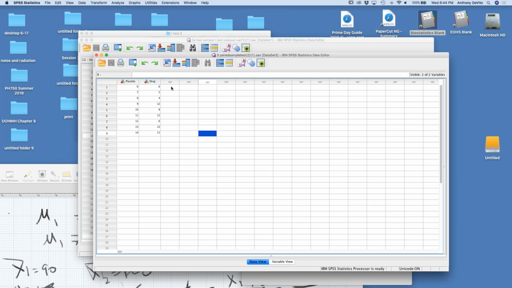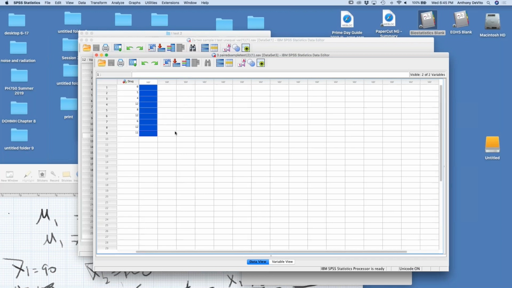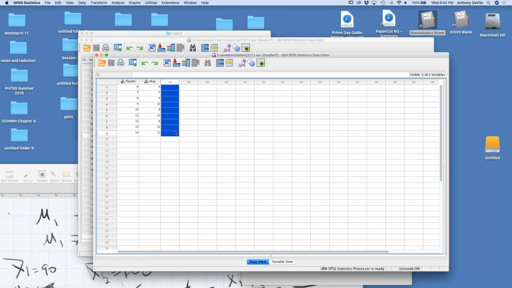Okay, and since I only have one column to compare to a known value, zero, in other words, mean difference is equal to zero is our null hypothesis. Mean difference is not equal to zero is our alternative hypothesis. This is really just another kind of single sample t-test, except that we're always going to set it equal to zero.